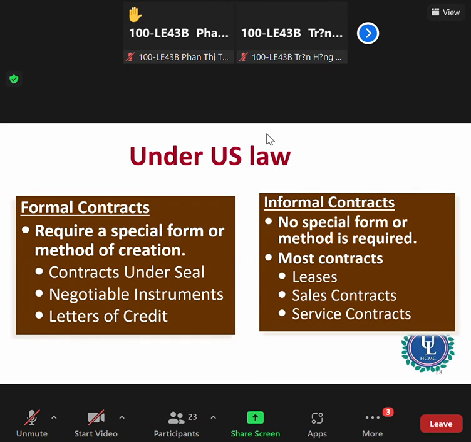Sorry, can you guys hear me? It's raining in my area, so, right. So what are negotiable instruments, or can you give me some example or maybe the definition of negotiable instruments?